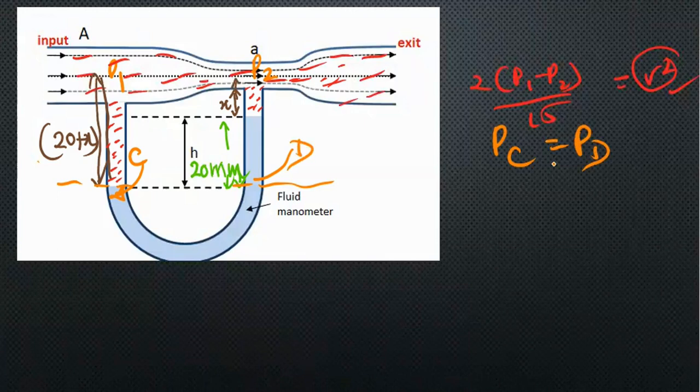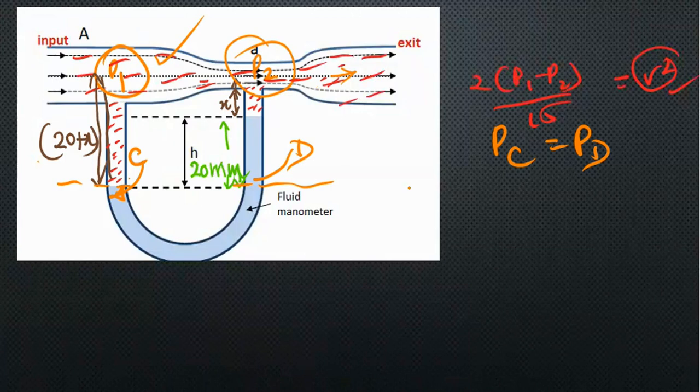Using this, we can connect P1 and P2. There are a couple of things we need to know. The height is 20 millimeters, and up to here let's take the height as x. So this height we can take as 20 plus x. For 20 plus x we have the flowing liquid, and only up to x we have the flowing liquid on the other side.